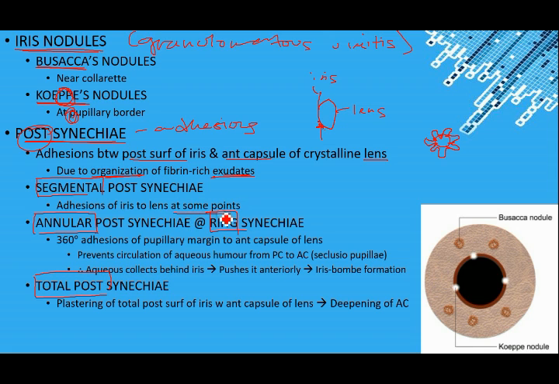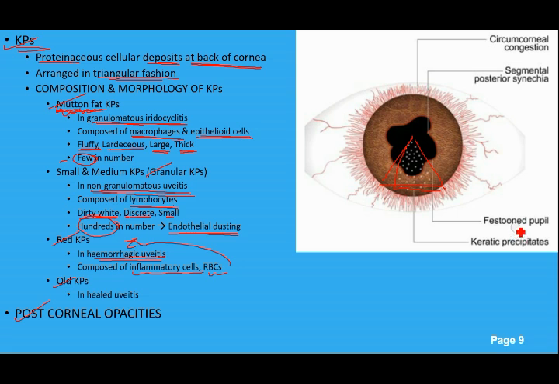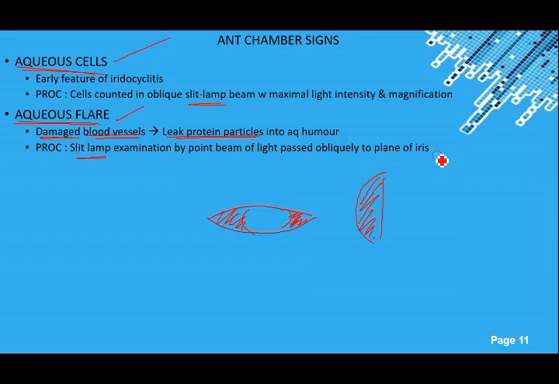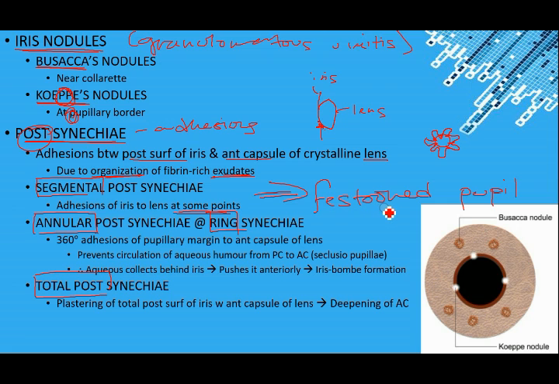This is very, very important because this can lead to festooned pupil. There is a picture here, this flower shaped thing. We'll talk about why a little later. But note, a segmental posterior synechiae can lead to festooned pupil.